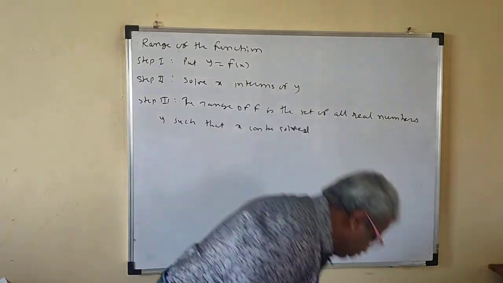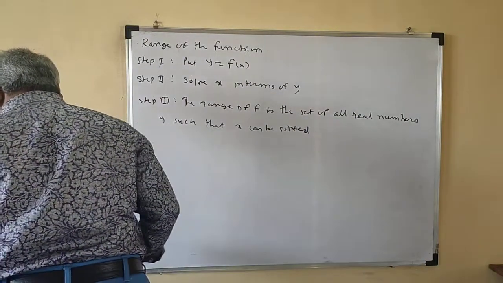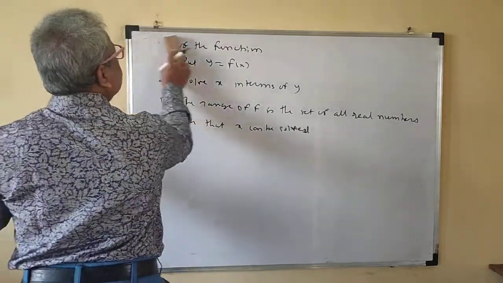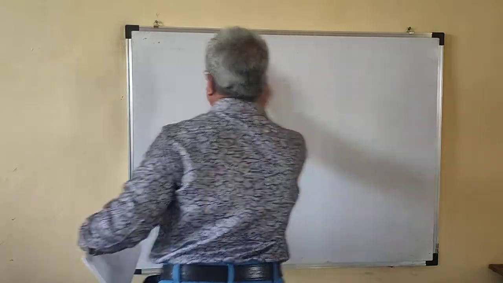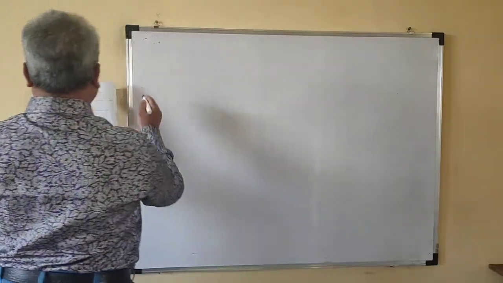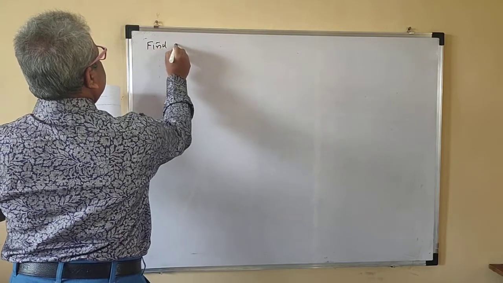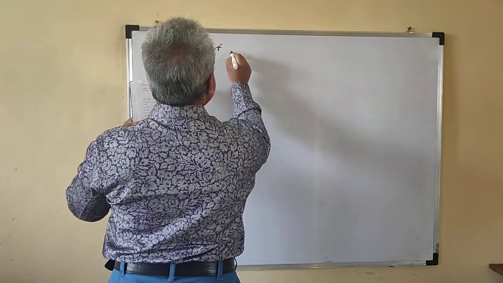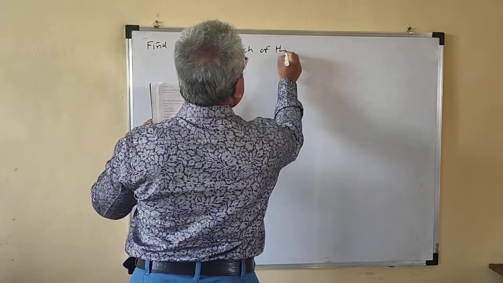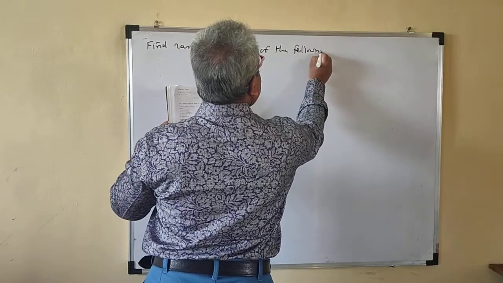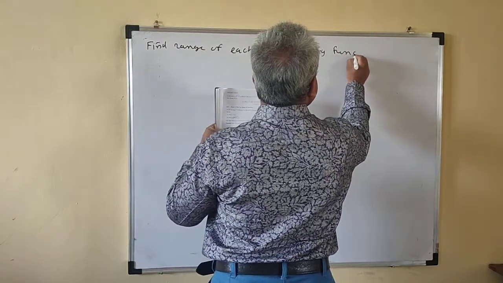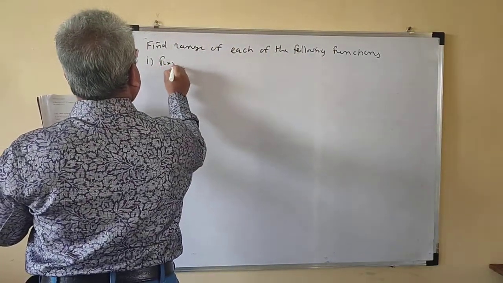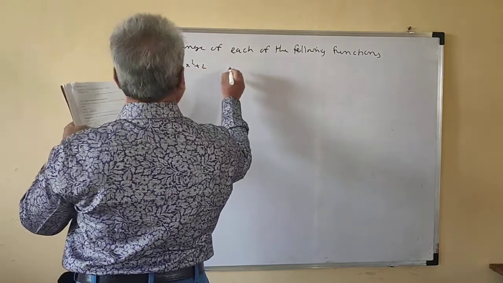Find the range of each of the following functions. 1. f of x is equal to x square plus 2.